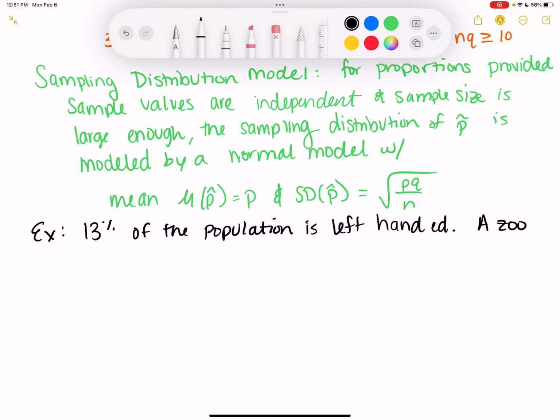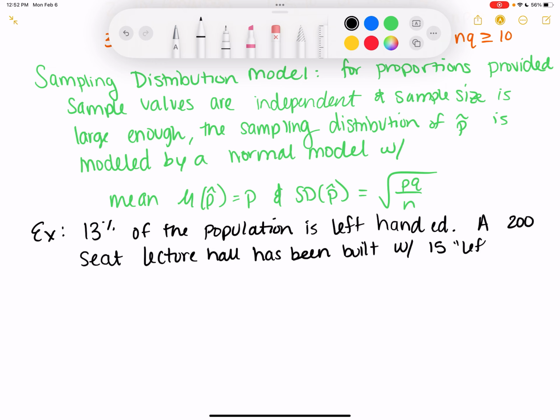A 200-seat lecture hall, my 2 looked like a Z, and I thought I just forgot to put the line through it, has been built with 15 lefty seats.